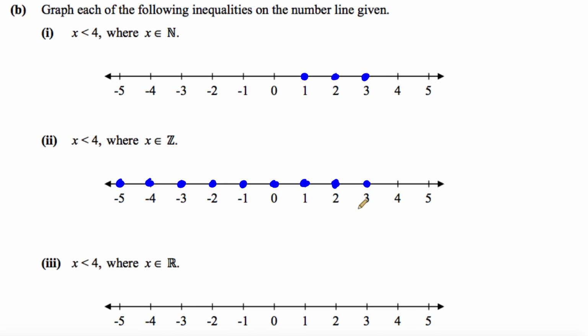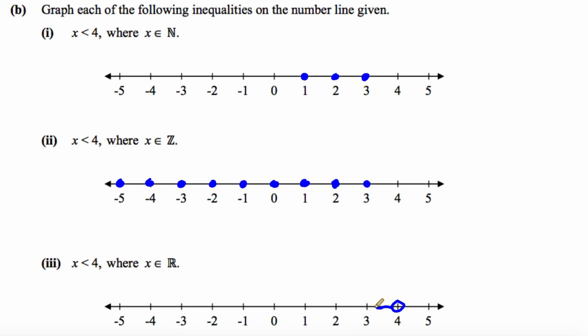And finally part 3, x is less than 4 where x is an element of the real set of numbers. Okay, well if it's less than 4 that means it cannot be 4, so we put a clear dot around 4. But if it can be anything less than that and it's in the real set of numbers, that means it could be numbers between the whole numbers.